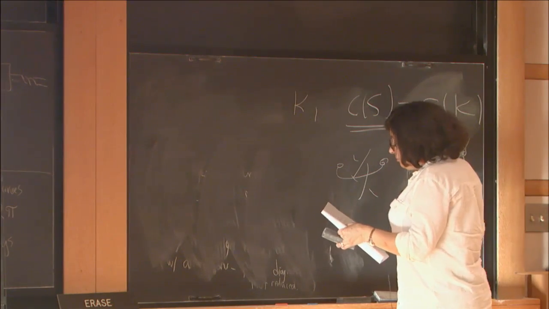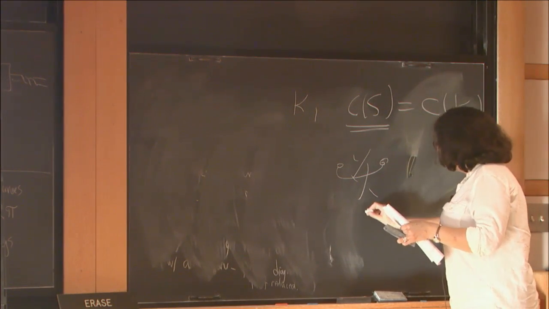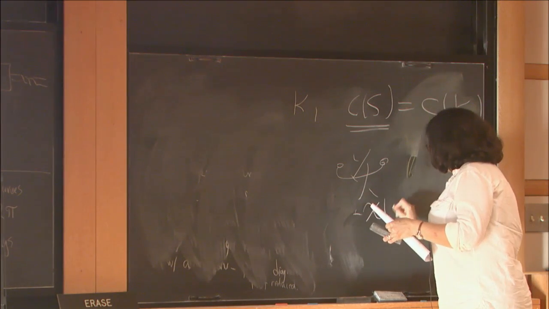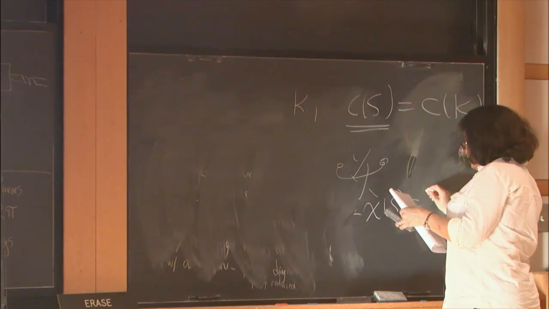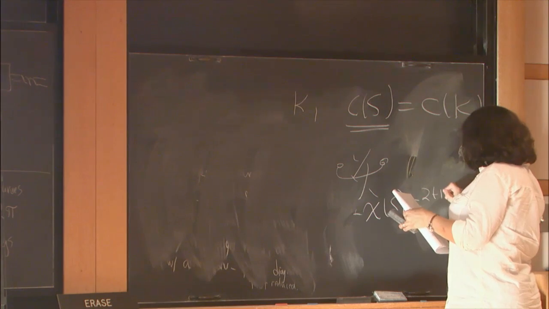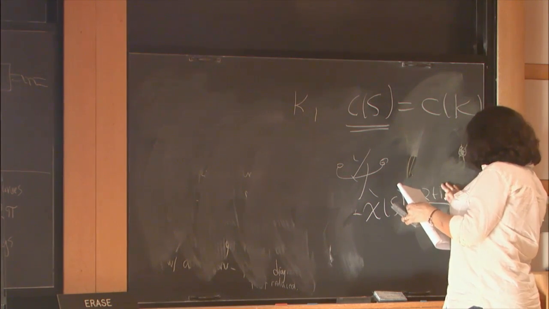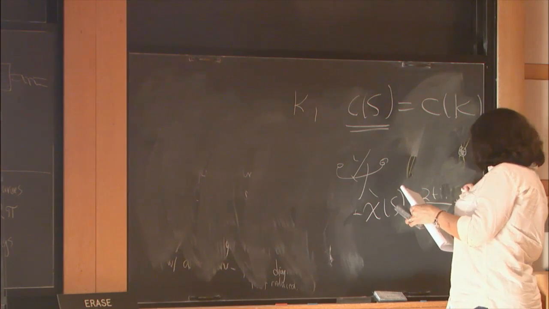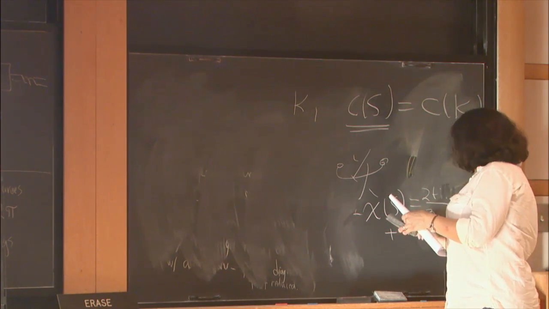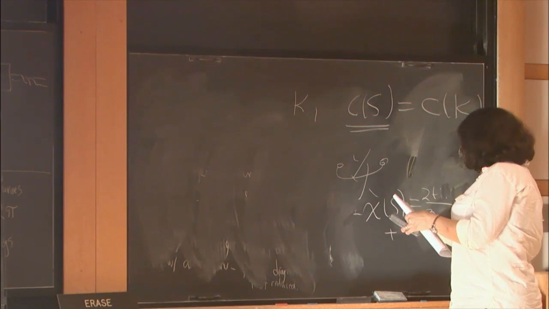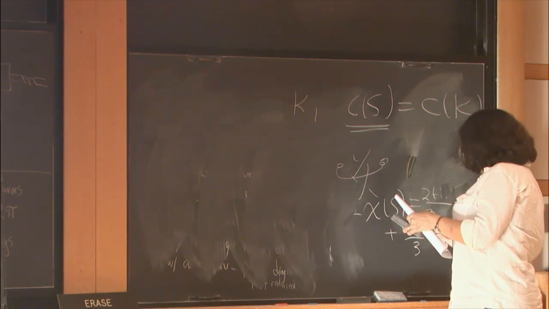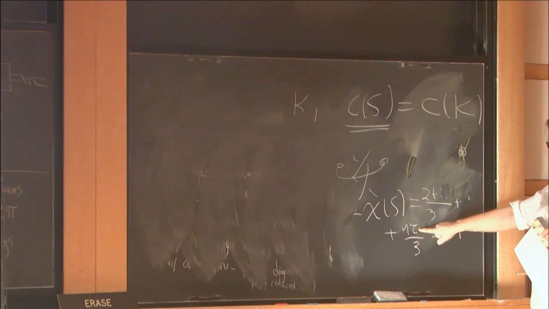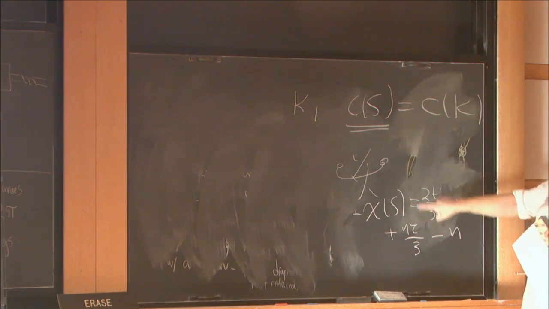And so when I do that and plug in, what I'm trying to say is I will have this that comes directly, no pi this time, plus n tau over 3 minus n, where tau is the minimum number of twist regions my diagram has.